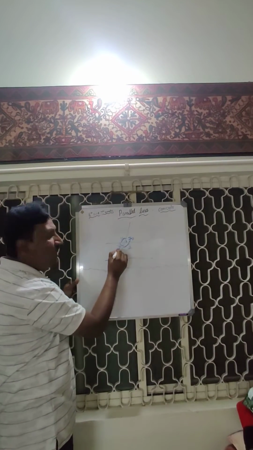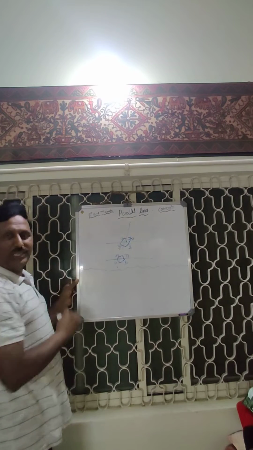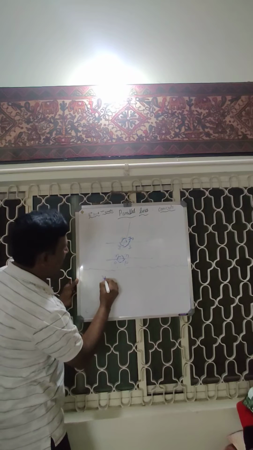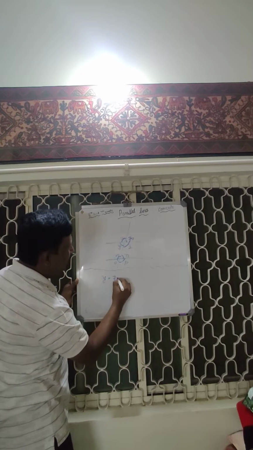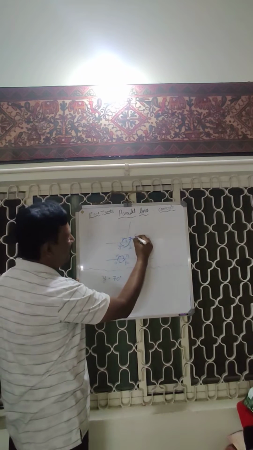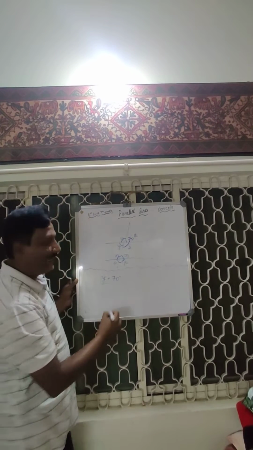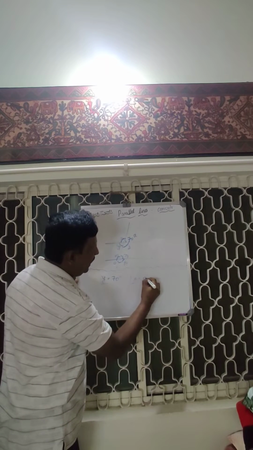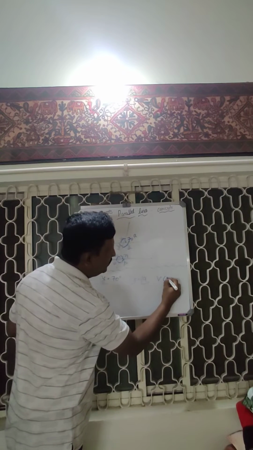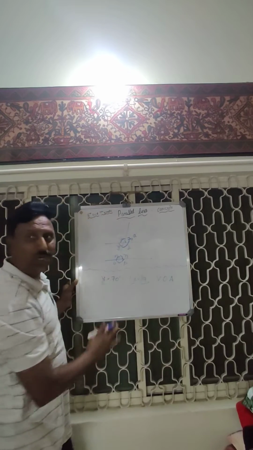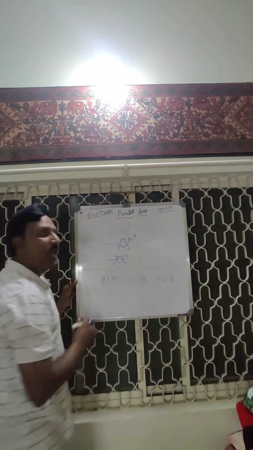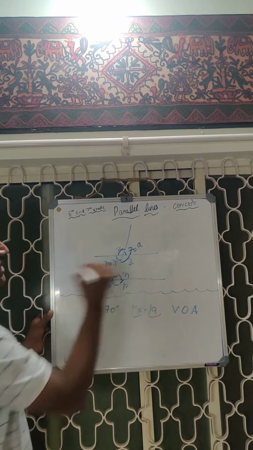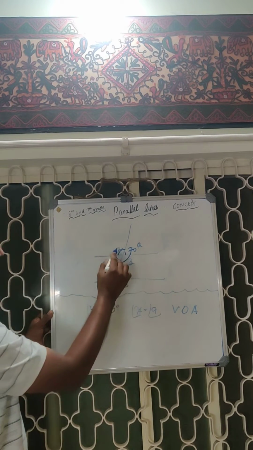Then what is y? Y is a vertically opposite angle. So y is equal to 70 degrees, because y is equal to a, vertically opposite angles. Now what is x?